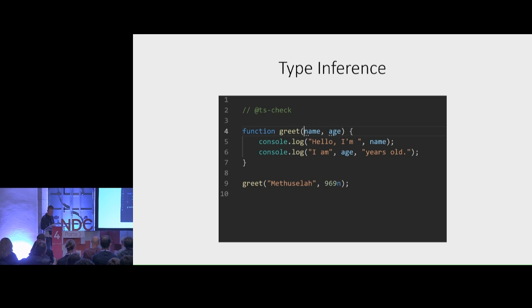So here's an example of type inference. Video's not working. Well, in this case, if you were to allow the tool to infer types, it would end up allowing you to place the actual type of the function based on the name. So you end up with type string and a number of age.